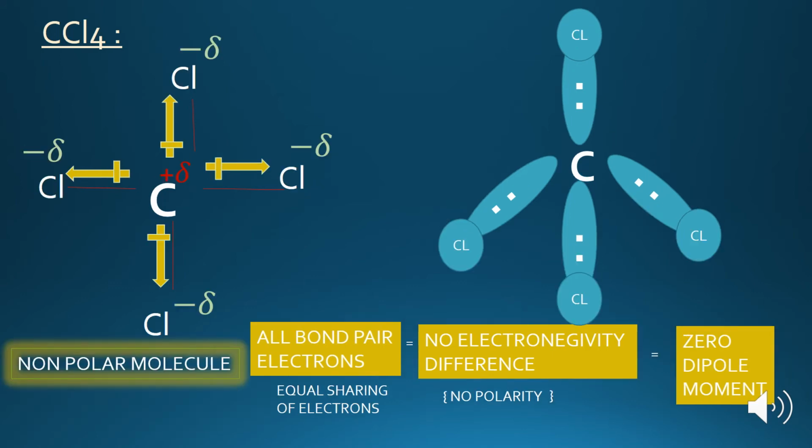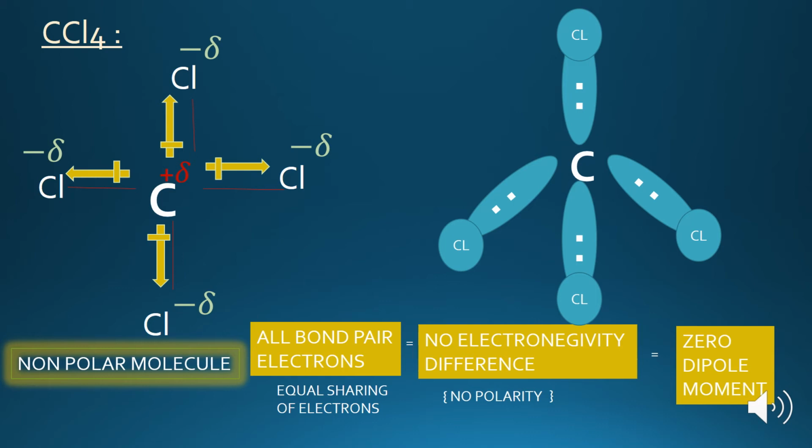Friends, let's take an example of carbon tetrachloride. Look here: carbon is the central atom and at its four corners, four chlorines are attached. We know that chlorine is more electronegative than carbon, which means the pulling power of chlorine for electrons is more than that of carbon.